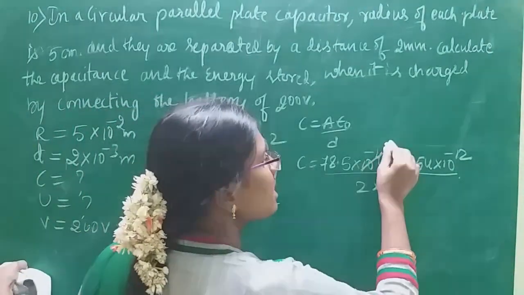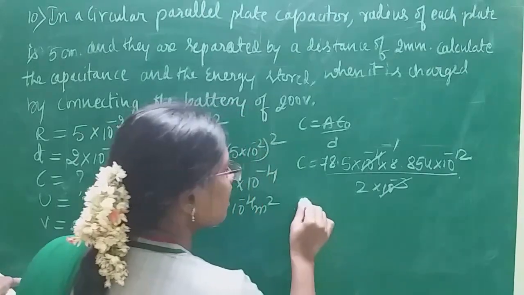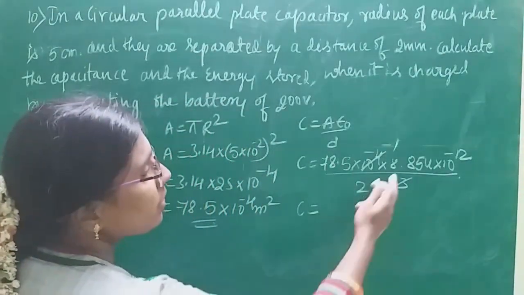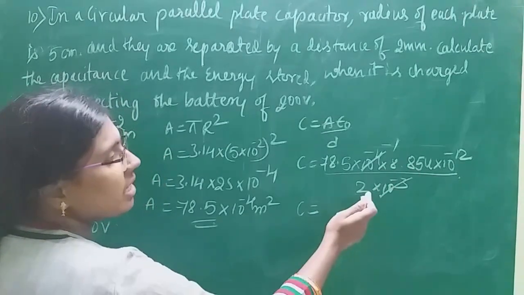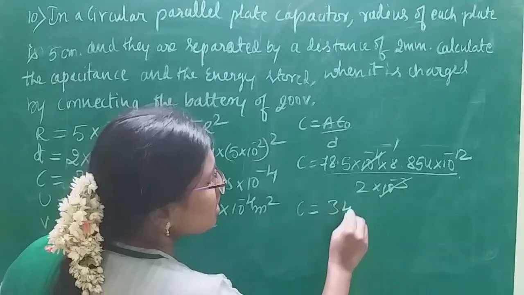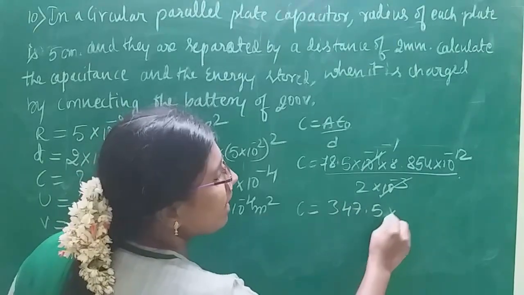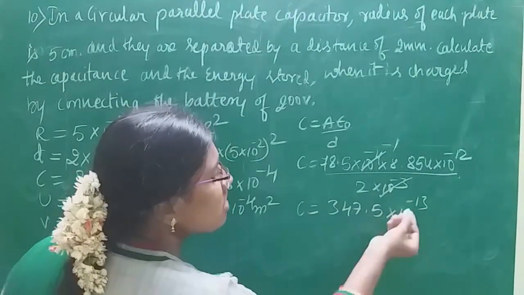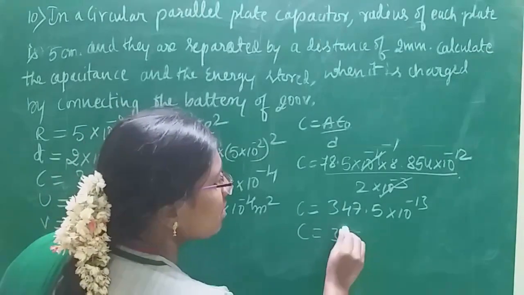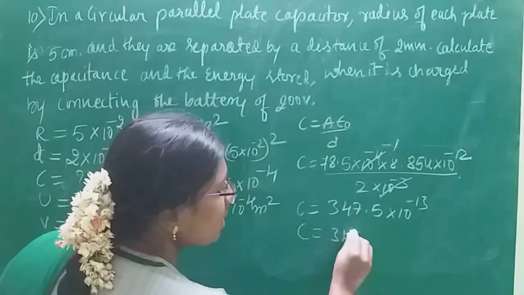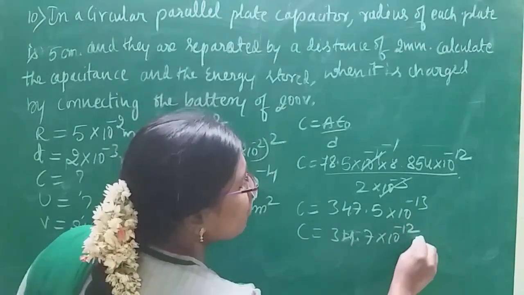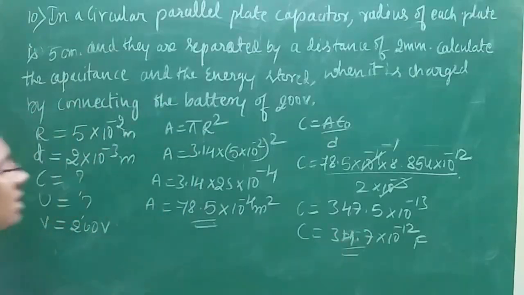Minus 3 gets cancelled, remaining is minus 1. So 78.5 into 8.854 divided by 2 gives 347.5 into 10 to the power of minus 13. Now shifting the decimal point by one place, we get 34.7 into 10 to the power of minus 12 farad. This is the capacitance.